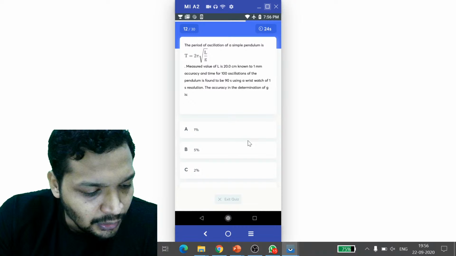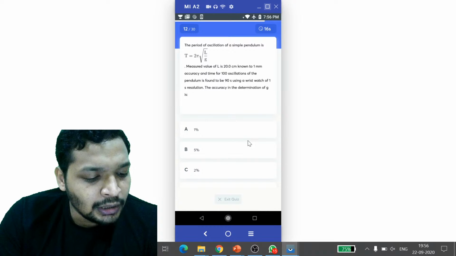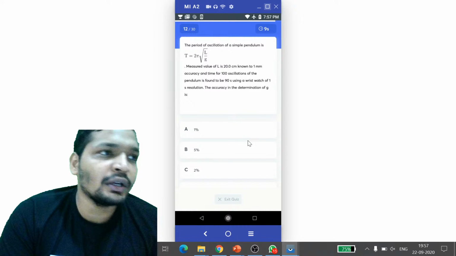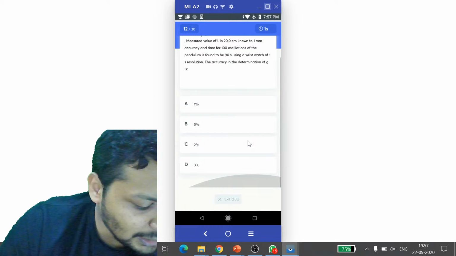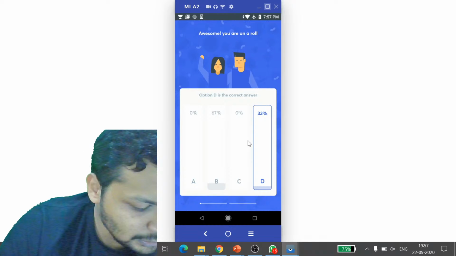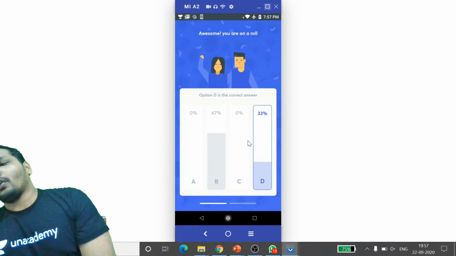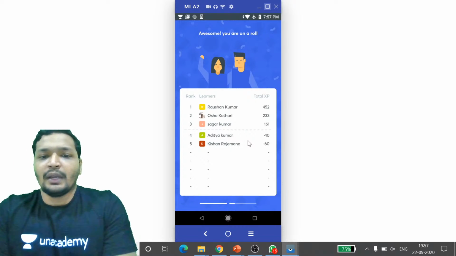And what about your length? It's 1 mm by 20 centimeters, so that would be 1 by 200. So that would be 1 by 200 into 100, which is going to be 0.5. So it will be near 3%, I guess. All right, 33% of you got it correct. But in these kinds of questions, try to answer the nearest one.